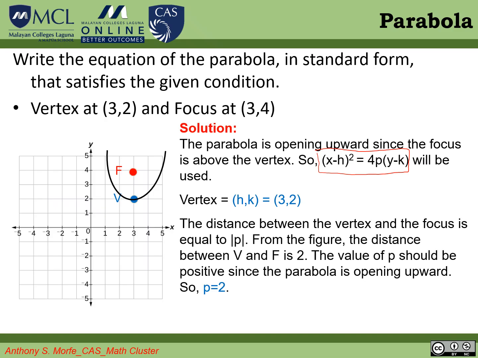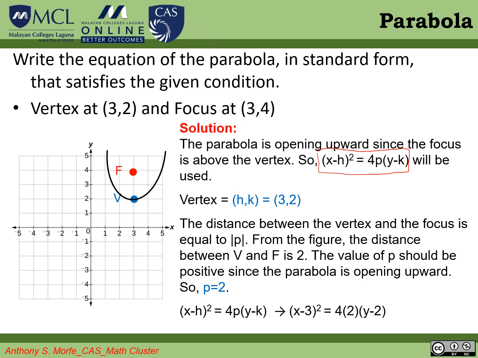And then the distance between the vertex and the focus is equal to the absolute value of p. So this is 2 units. From the figure, the distance between V and F is 2. So the value of p is equal to 2 and should be positive since the parabola is opening upward. So p is equal to 2.